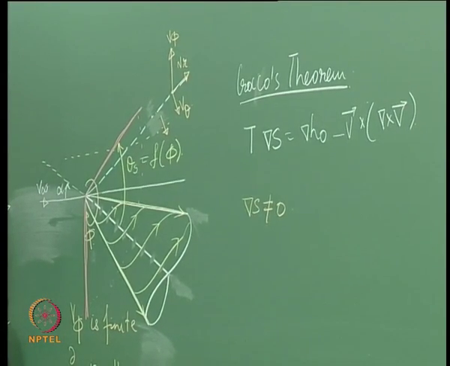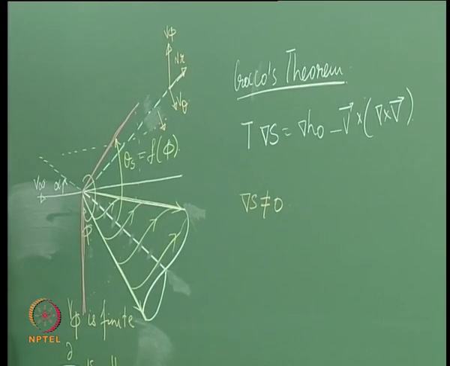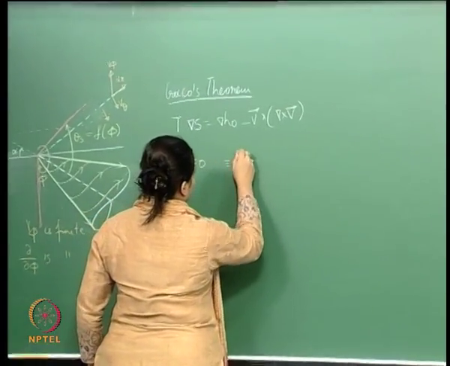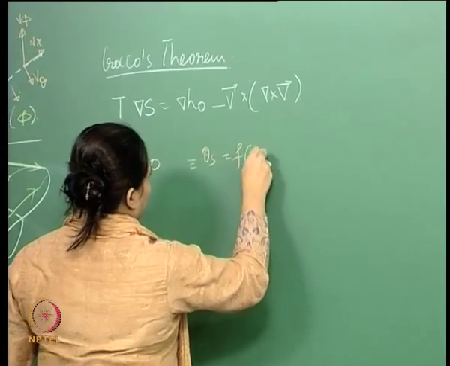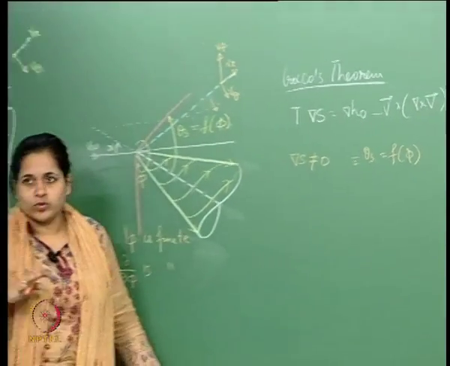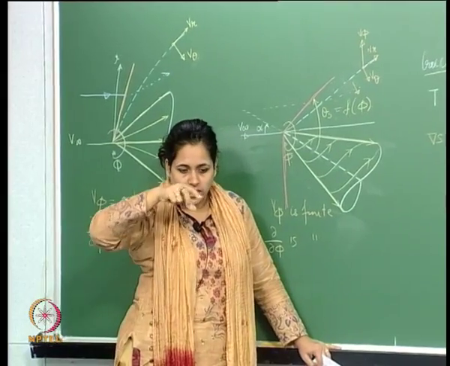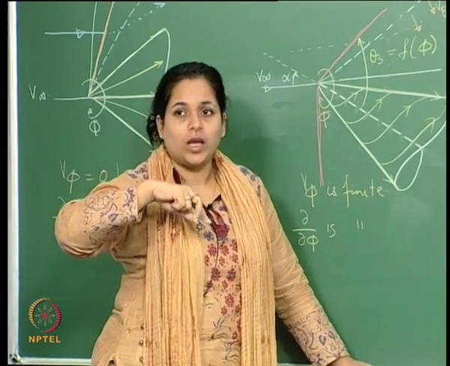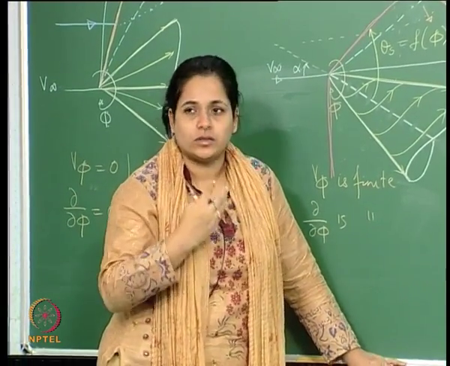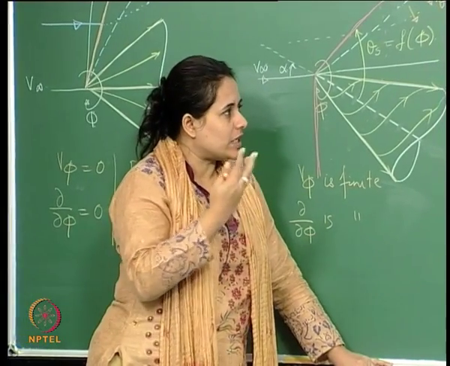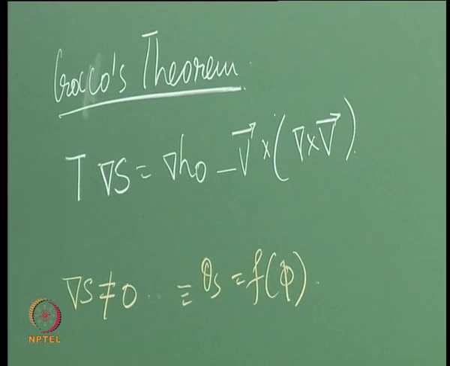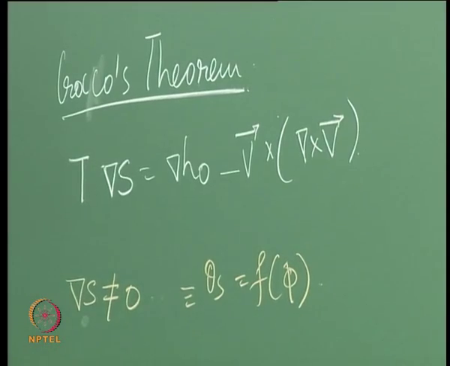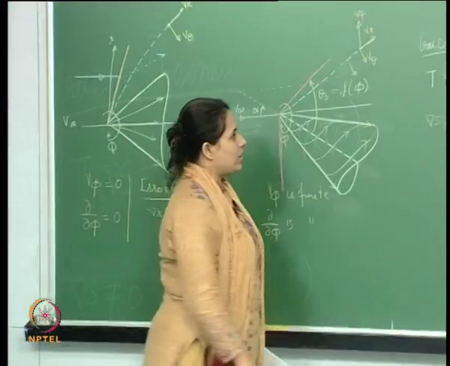If you look at Crocco's theorem, there is a finite change in the entropy, and that is the reason, because as the streamline moves from one point to the other, there is a change in the azimuthal angle, which is phi, which in turn means that we are looking at a different strength of shock. If theta s is different, I have a different entropy attached to it.